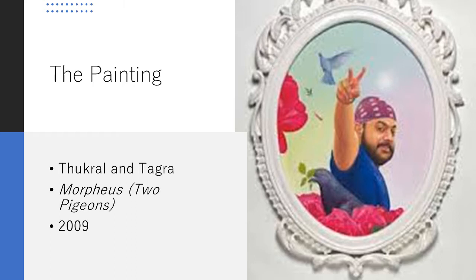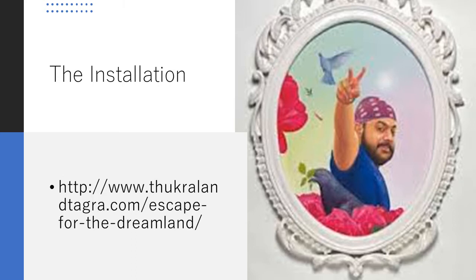Now, this particular painting is actually part of a much larger installation in which the artists have created the interior of a home with all kinds of decorations. Among them is this painting. Now, I encourage you to go online and have a look at the installation as a whole to really get an idea of the full context of this painting.